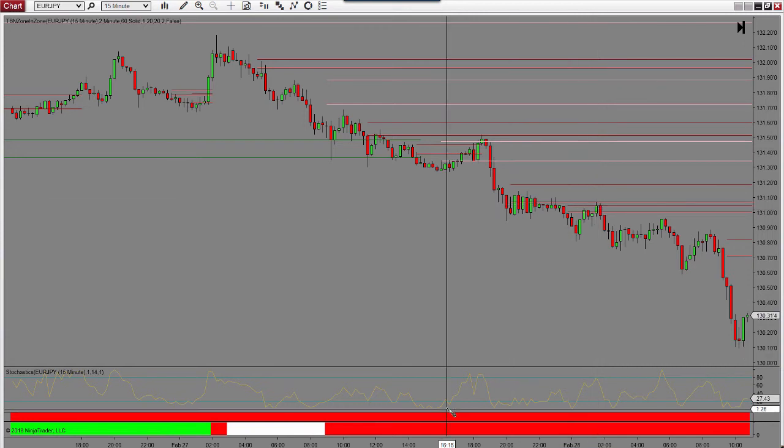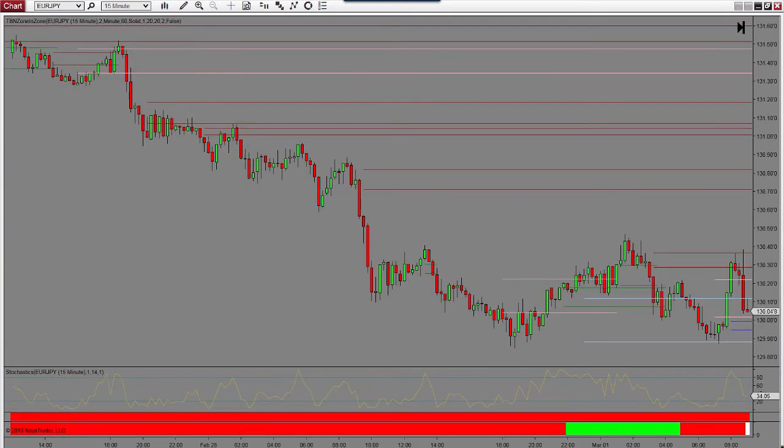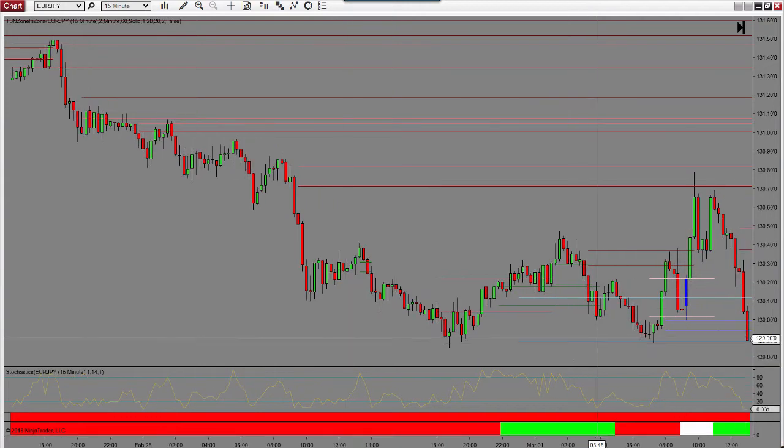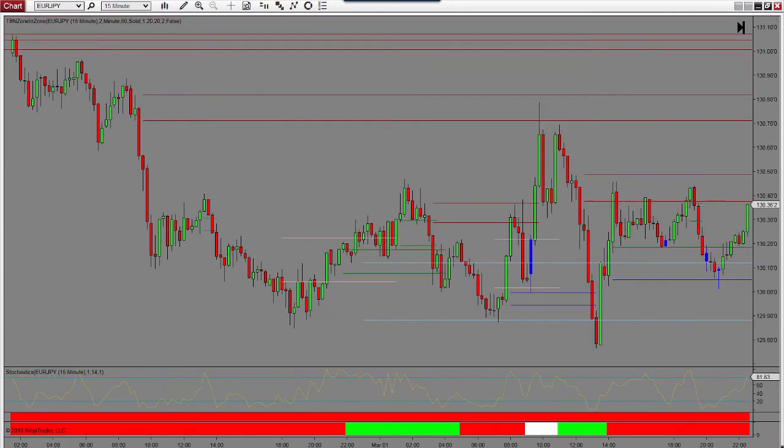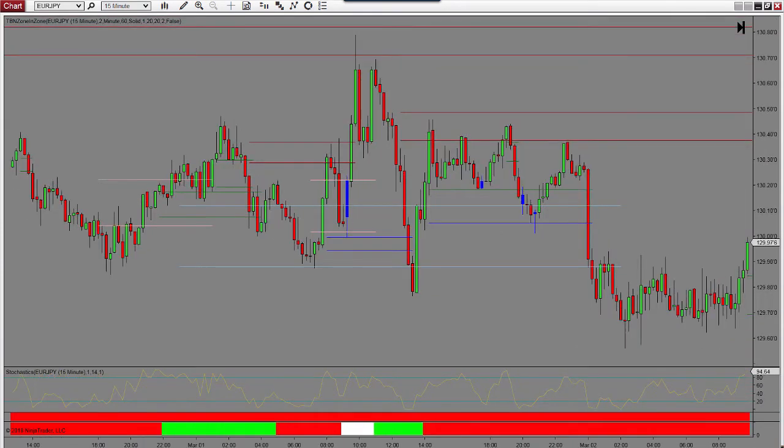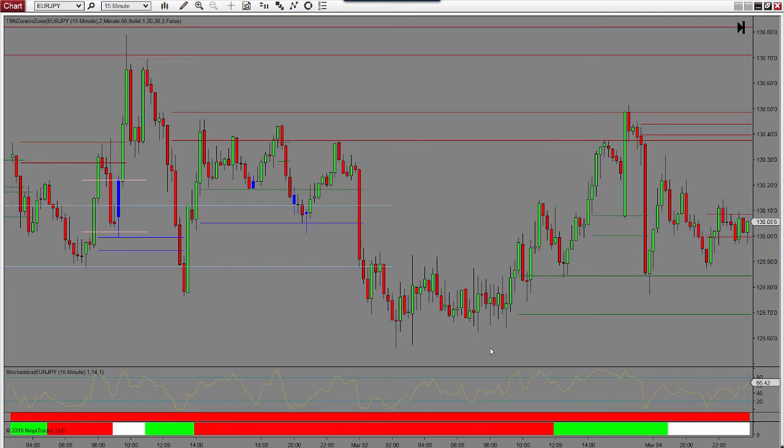Look at this right here. Okay. They would have had long ones down here. Again, clearly against the trend. Still got a nice little bounce there. Okay, right here and here.